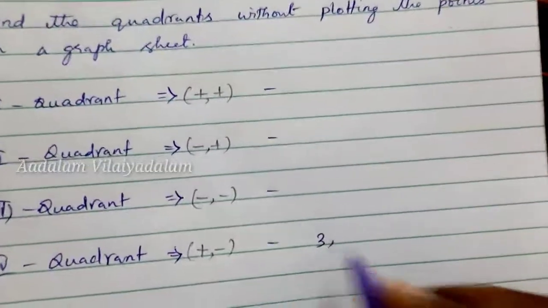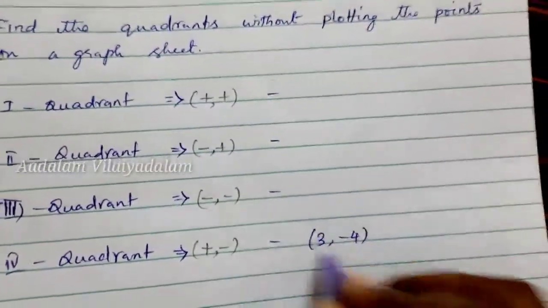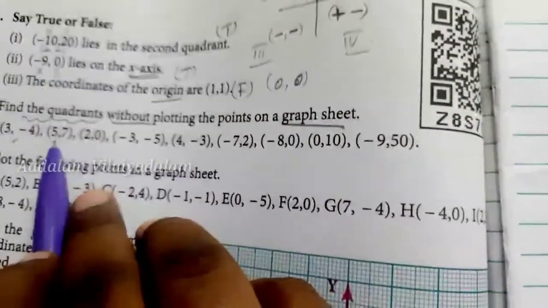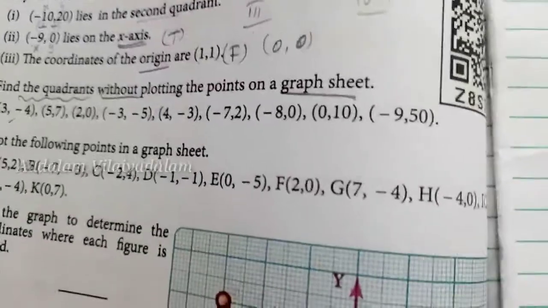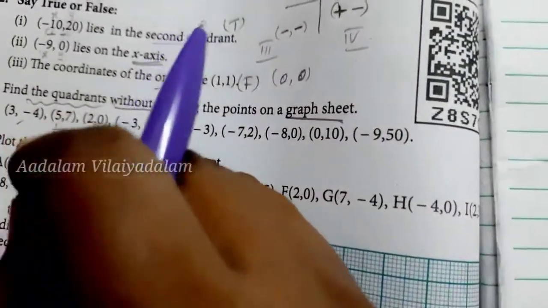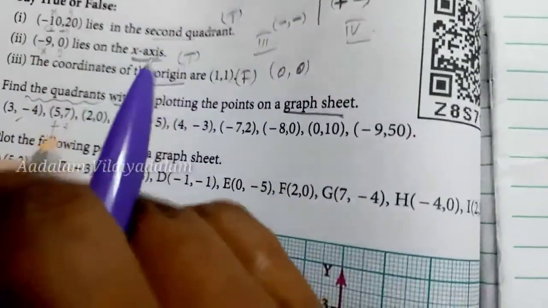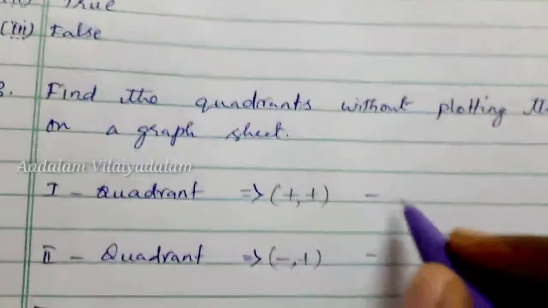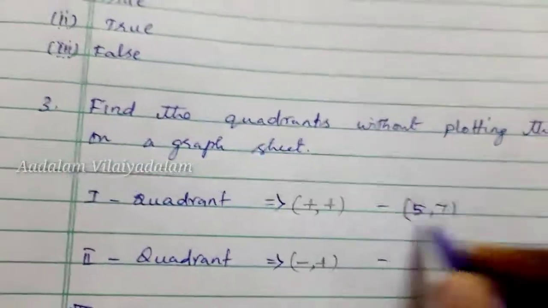So that is (3, -4), plus and minus. For (5, 7), both values are positive. So this is plus and this is plus, which lie on the first quadrant. Therefore, (5, 7) we could write.